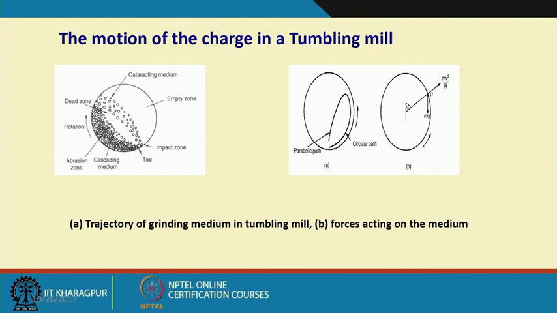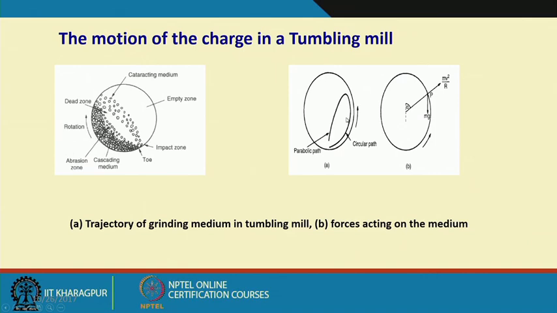Now, if I look closely at the motion of the charge in a tumbling mill, you will see that initially it has a circular path because of the centrifugal action. So, the entire charge will have a circular path because of the centrifugal force.